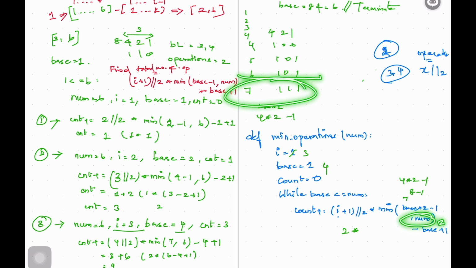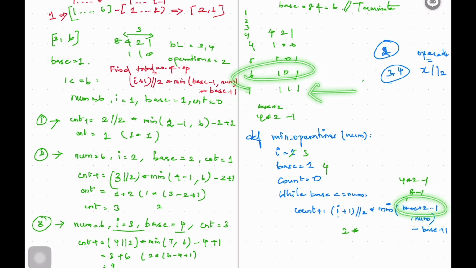So this is an additional count, right? Because our num is 6 but our base range goes to 7. In that case only we are using min of (base times 2 minus 1, num). So in this case it will be 6 minus 4 plus 1. Why are you doing minus 4?